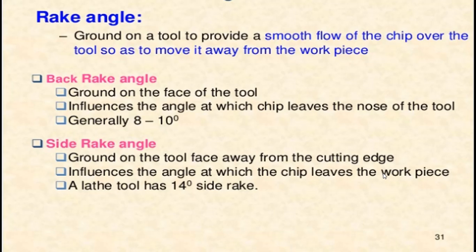Back rake angle is ground on the face of the tool. The value of back rake angle is generally kept between 8 to 10 degrees. Next, side rake angle, which is observed in a side view, is ground on the tool face away from the cutting edge. The value of this angle is kept at a maximum of up to 14 degrees.